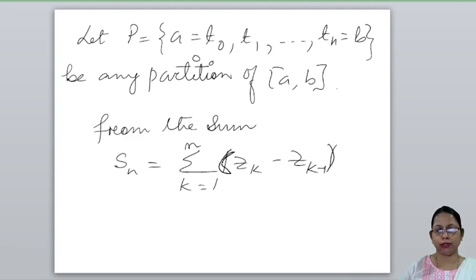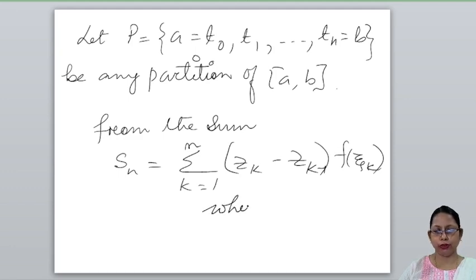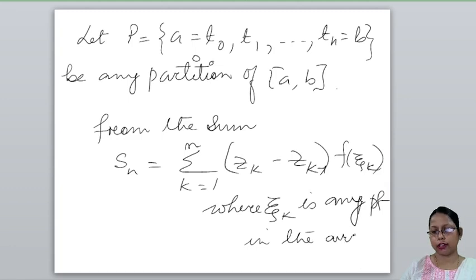This is not modulus, this is a bracket. Here chi k is any point in the arc L.